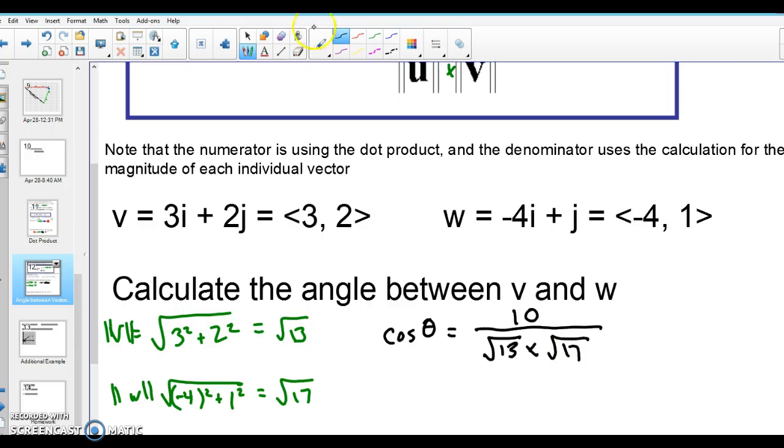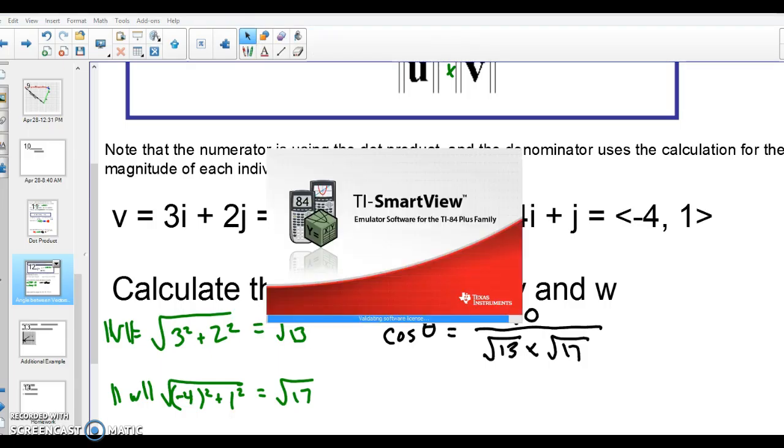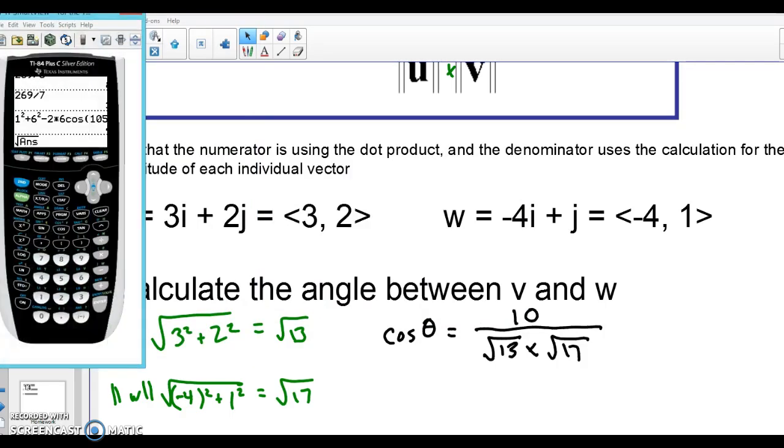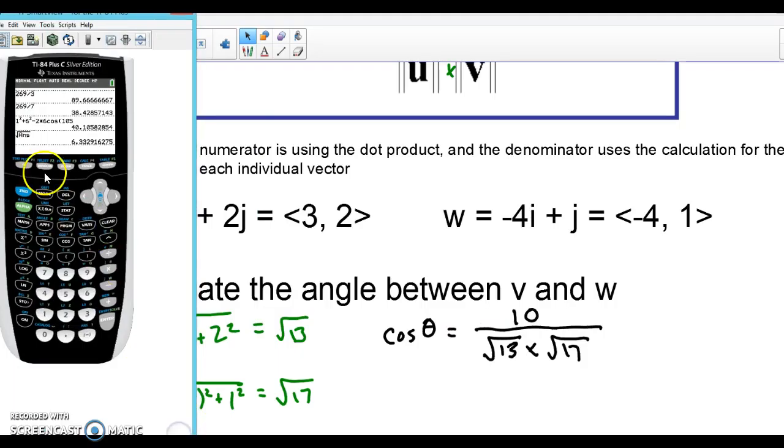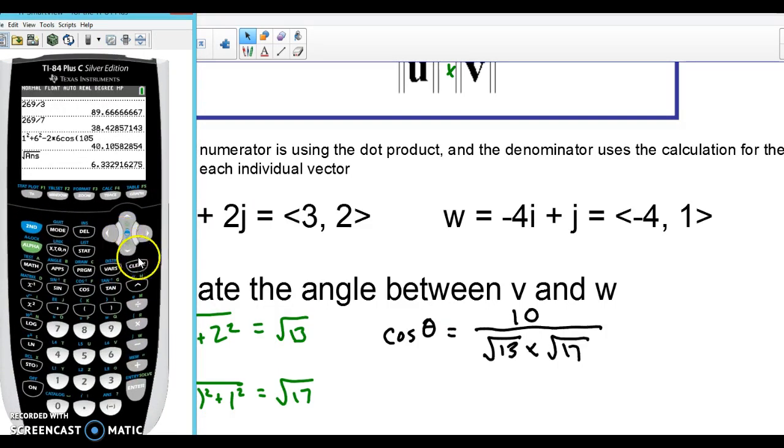Okay, in the calculator, I strongly recommend that you do the denominator first and then do 10 divided by that value. So I'm going to do root 13.